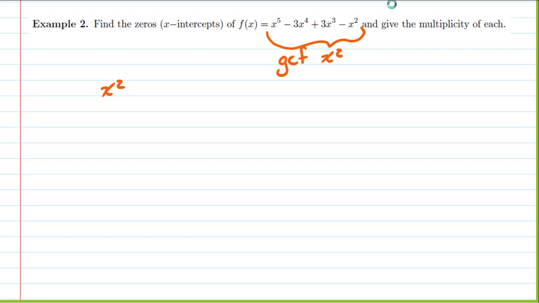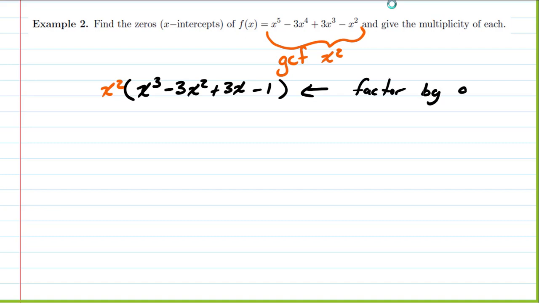So if I factor out an x squared from x to the 5th, that's going to leave x cubed minus 3x squared plus 3x take away 1. So we still need to factor this cubic polynomial. So we're going to factor by grouping. But we have to be careful with the way we're going to group.